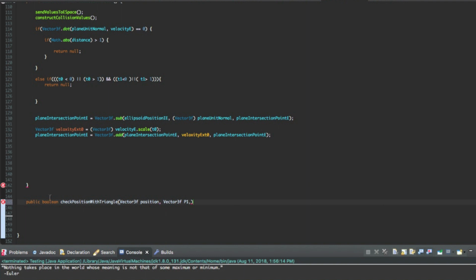We'll just call that P1 for brevity's sake. Vector 3f P2, vector 3f P3, and that is all that we need for this method.